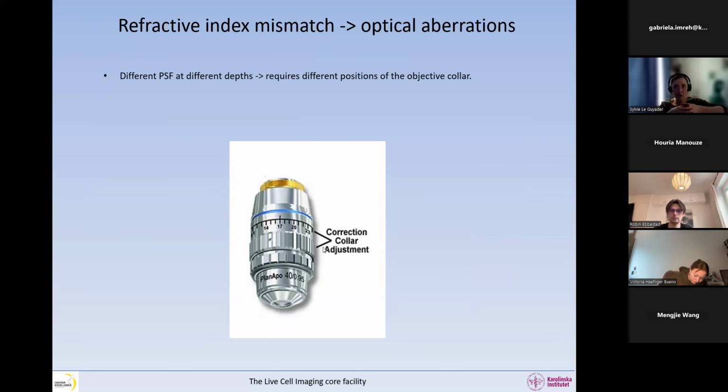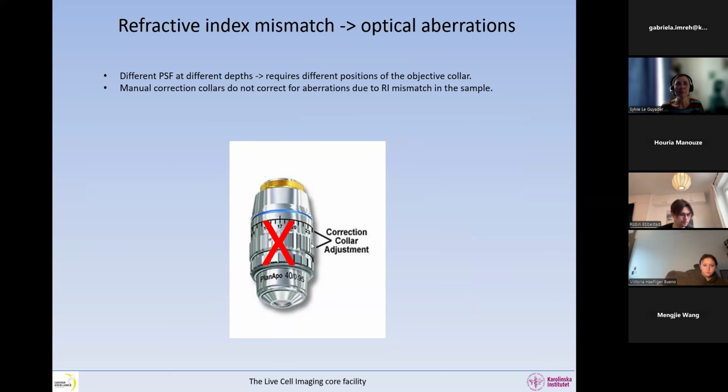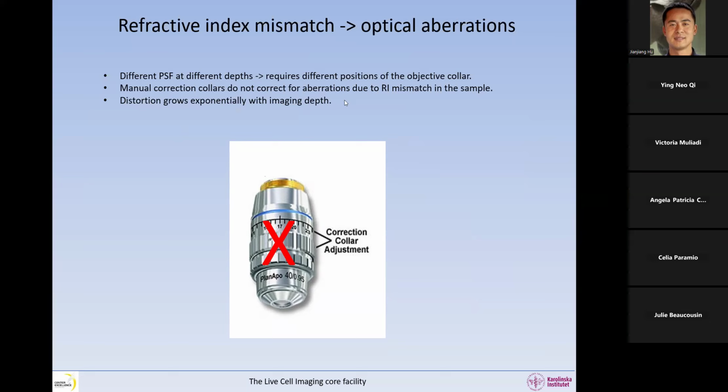We could have something automated that moves the correction collar, but it's still going to be impossible to use this alone, because the distortion grows exponentially as we image deeper. Even with an automated correction collar, it's going to be difficult to have something that works everywhere. So refractive index mismatch is a problem.